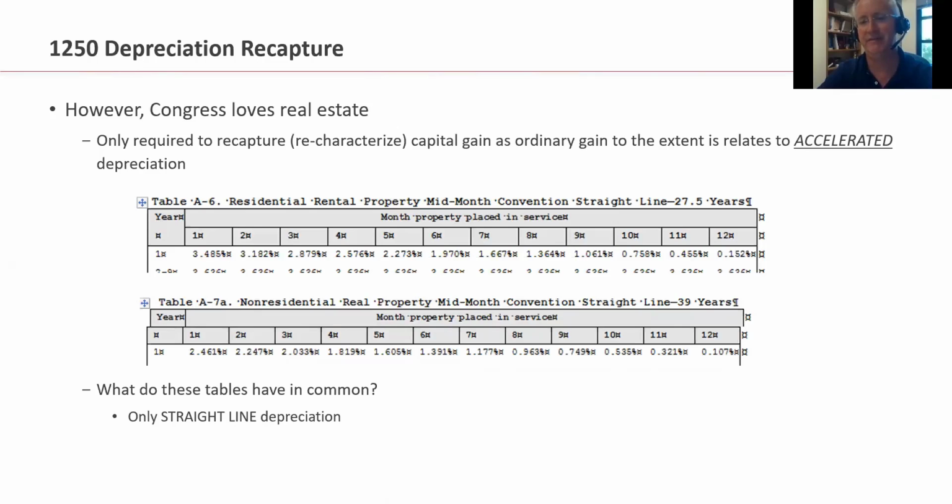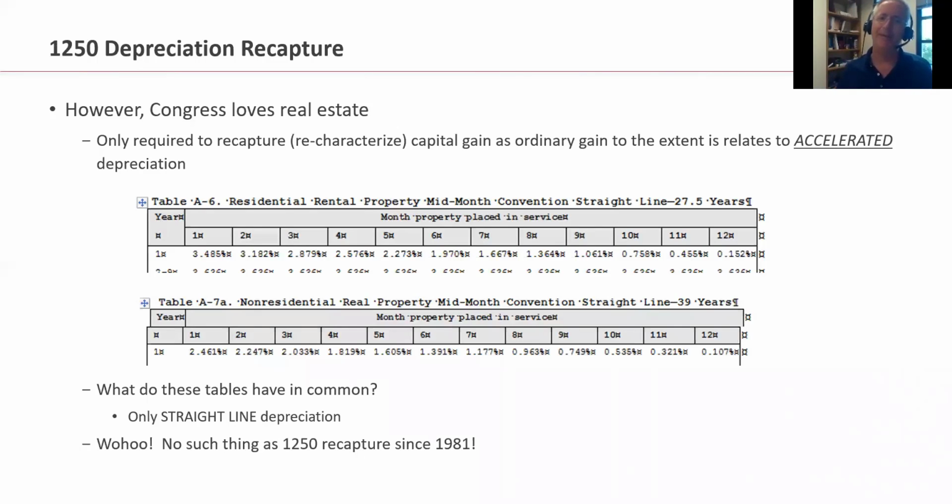Non-residential real property, mid-month convention, straight line. There is no accelerated depreciation on real property. There hasn't been since about 1991. As a result, there is no such thing as Section 1250 recapture. Sorry, since 81. So no such thing as Section 1250 recapture.